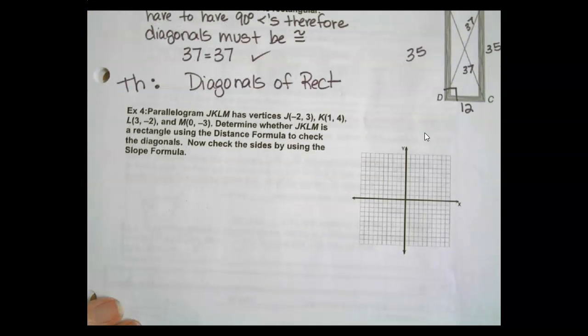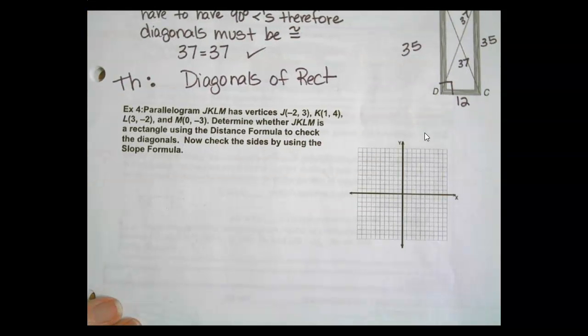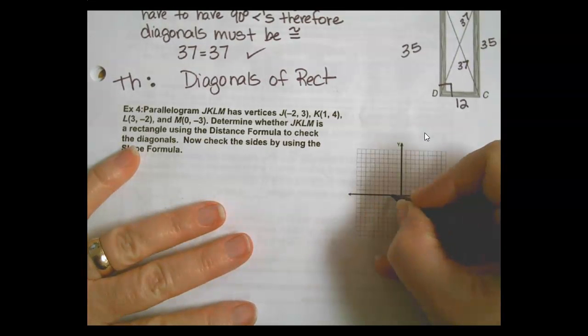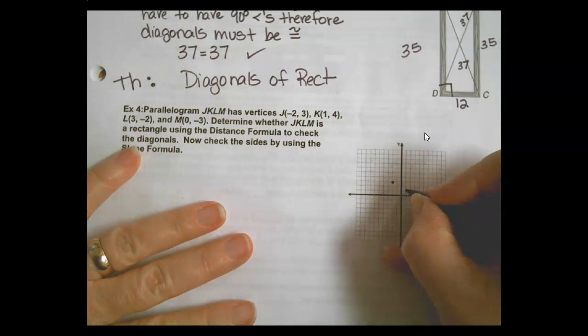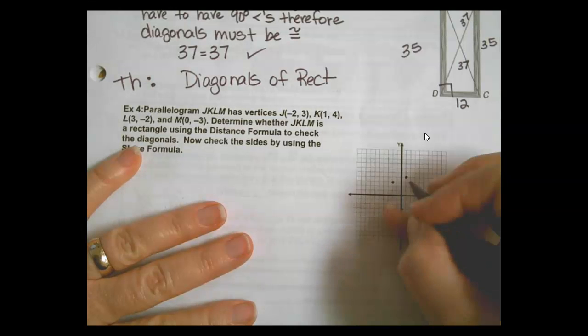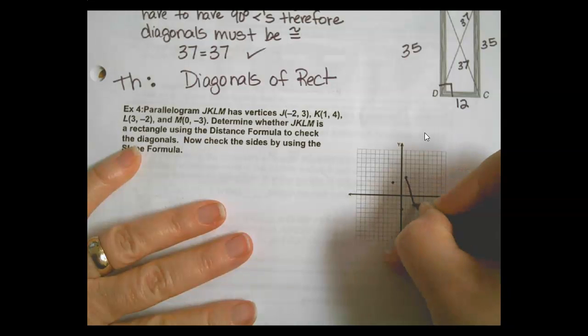All right, so let's go ahead and plot our points. You plot yours, I'll plot mine on this little itty-bitty grid. Straight edge would be nice.